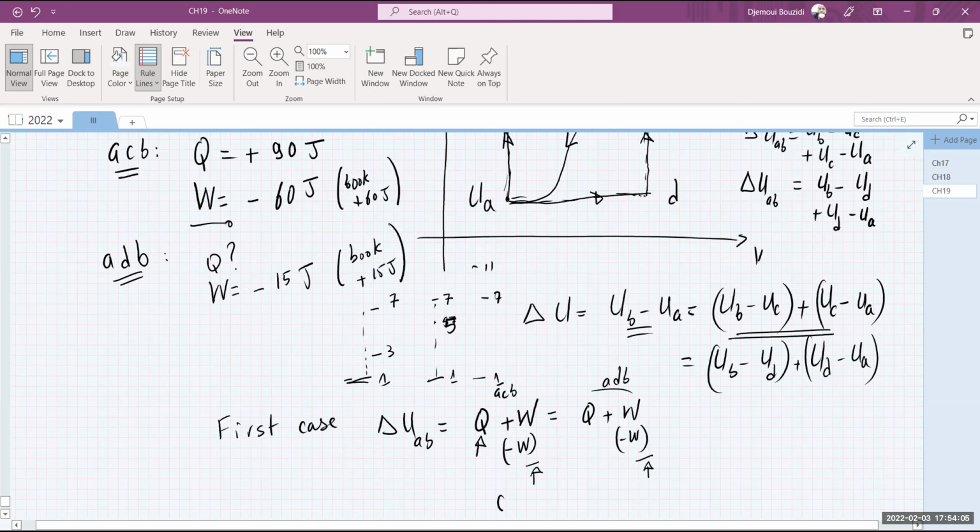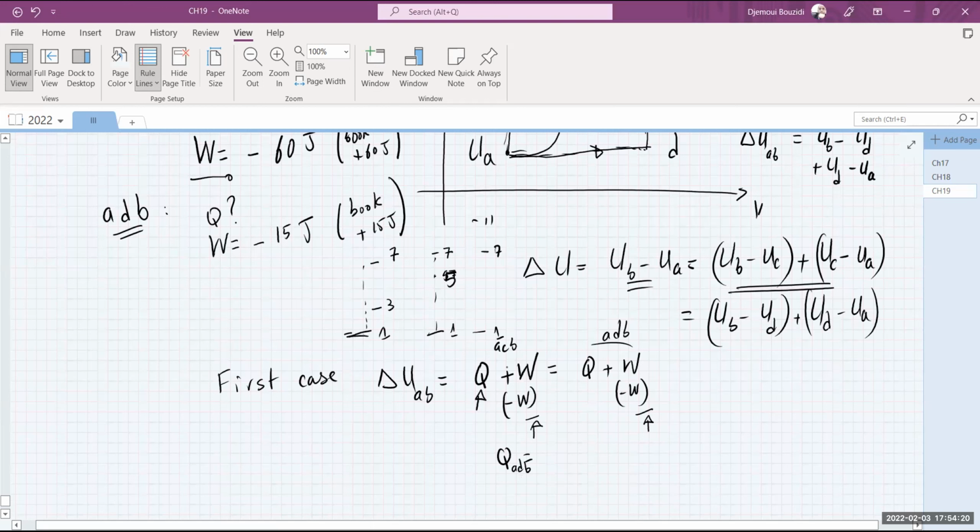So from here, it's clear that Q from ADB... let me read the question again. How much heat flows into the system along the path ADB? That's exactly what we're asking here.